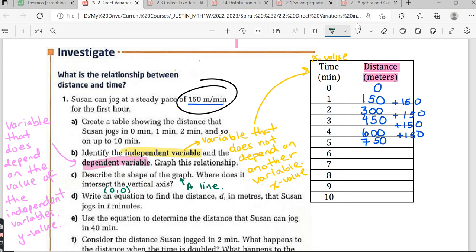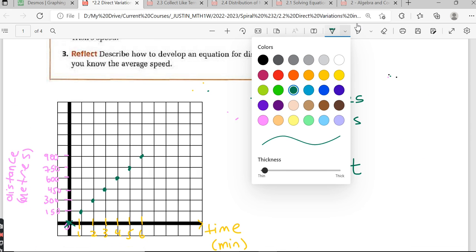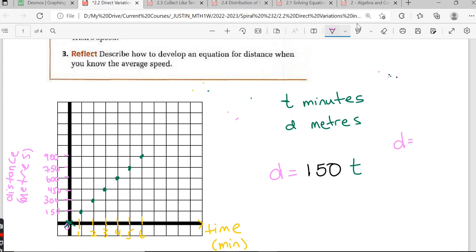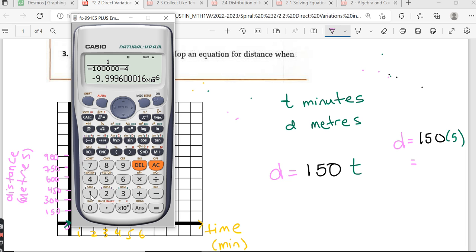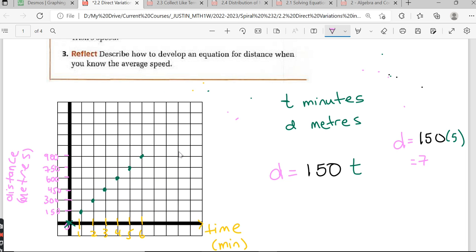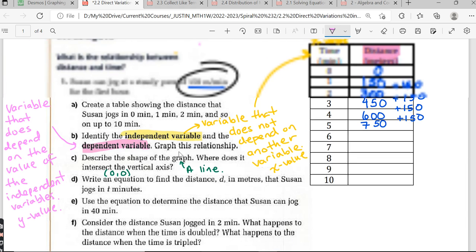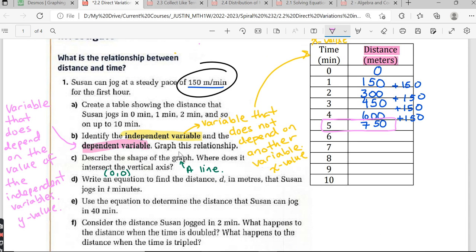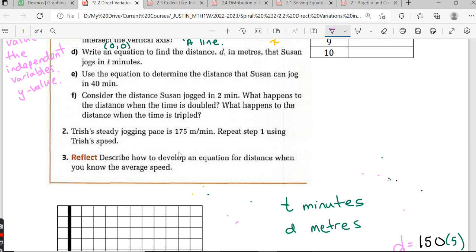When t is 5, we have 150 times 5, and let's see what we get. 750, a distance of 750 meters after 5 minutes. Does that make sense? After 5 minutes, we travel the distance of 750. Okay, so for D, what was our equation? It was D is equal to 150 times T.